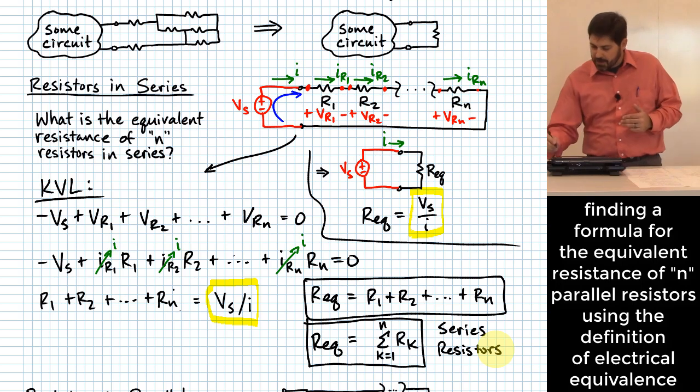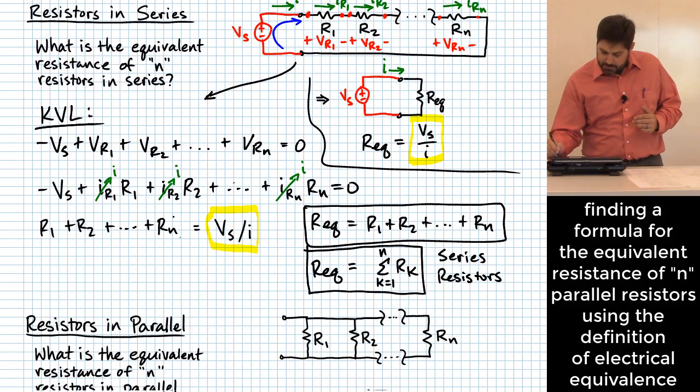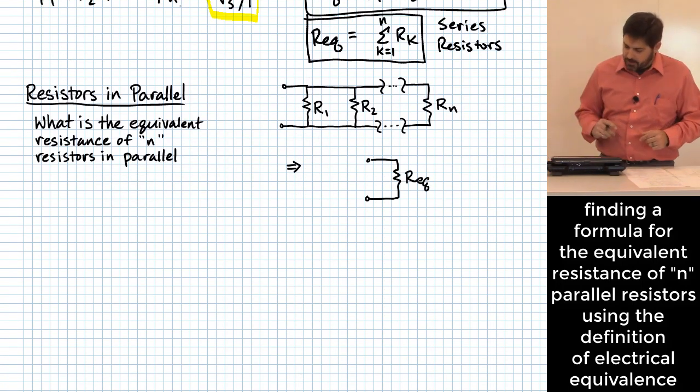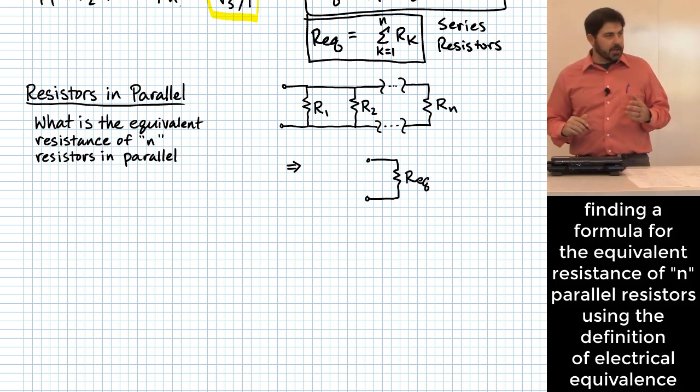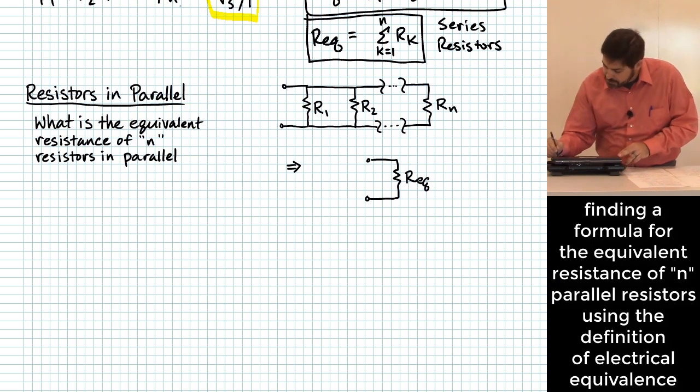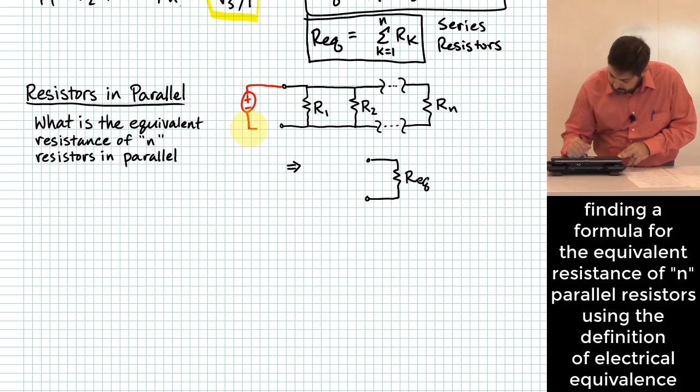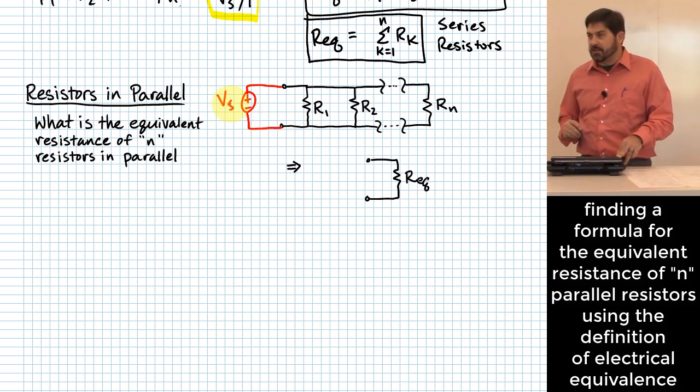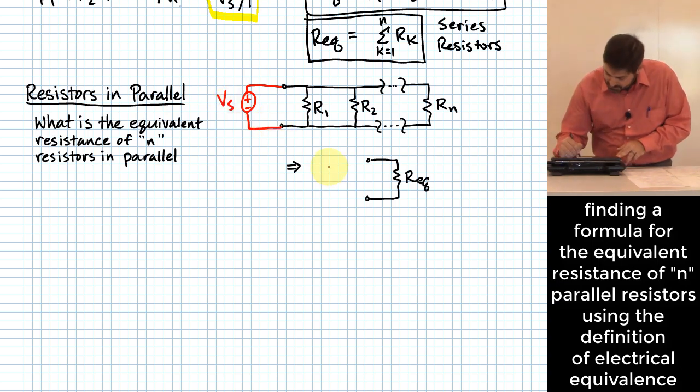Okay, let's move on and look at resistors in parallel now. For resistors in parallel, we're going to use a similar kind of strategy. Let's excite both of the circuits with some kind of voltage that we call Vs. If we're exciting this circuit with a voltage of Vs, let's excite the other one with the same voltage.